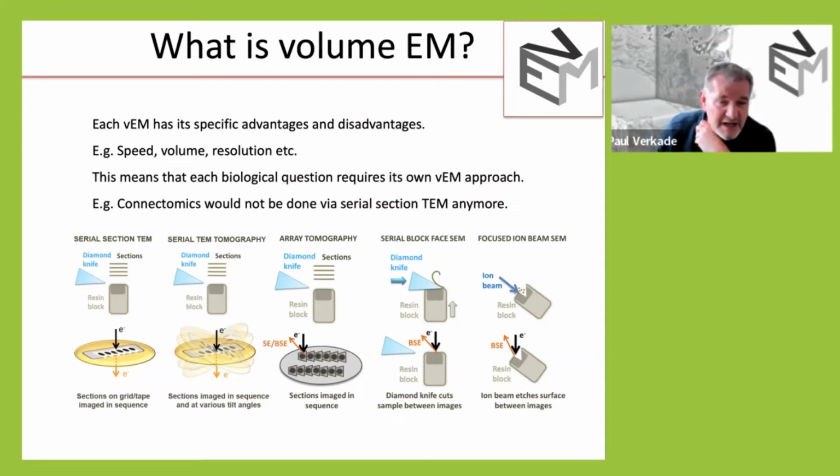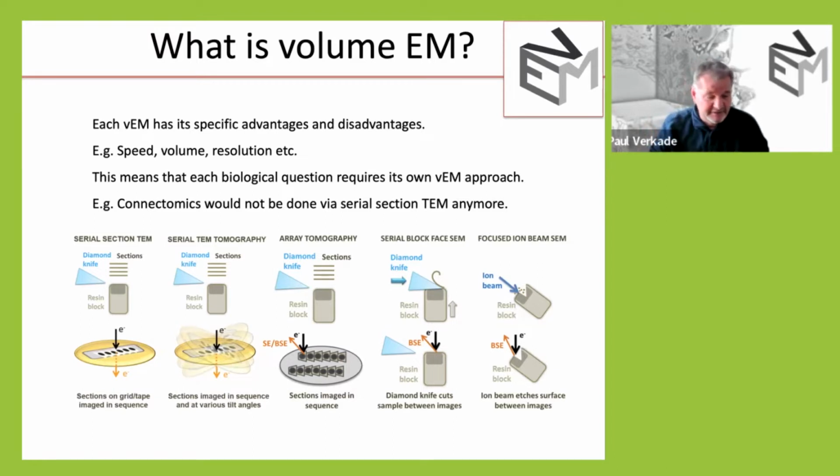Now, we have this selection of technologies, but each has its own advantages, but also disadvantages. Some are fast, some are slow, some can deal with a very large volume, others can deal with a higher resolution. And so it's always the biological question that drives what kind of VEM approach you should take.